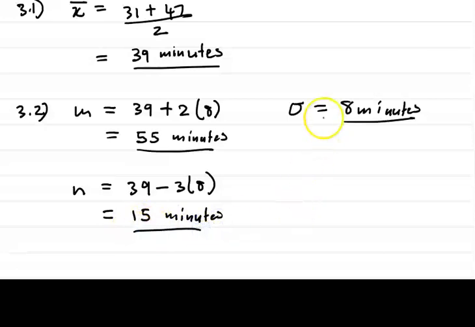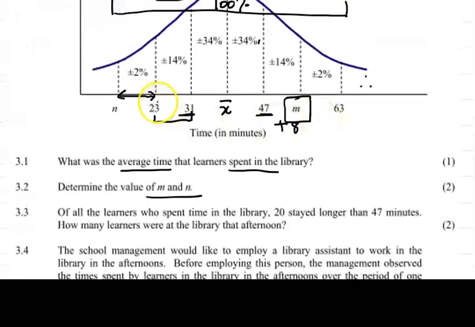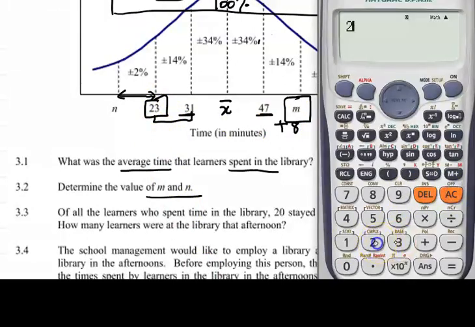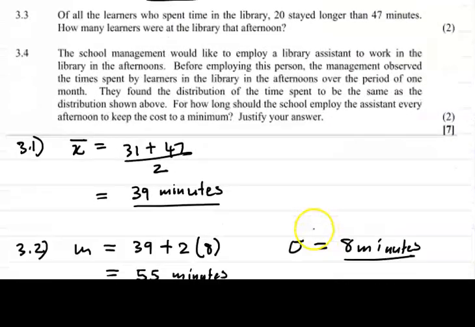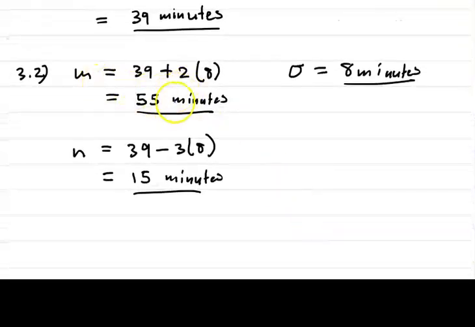Or we can simply say 23 minus 8, which also gives us 15 minutes. So there you go, learners. m is 55 minutes, n is 15 minutes.